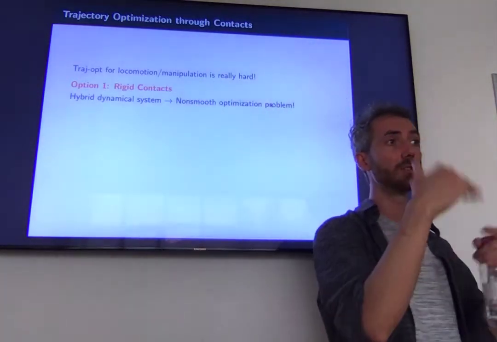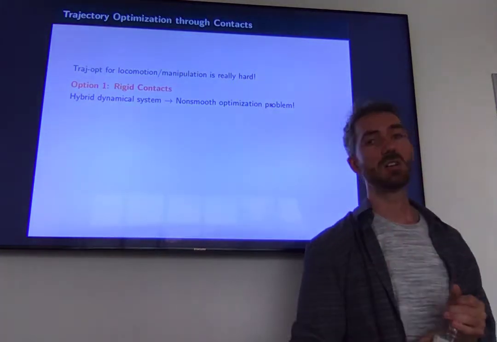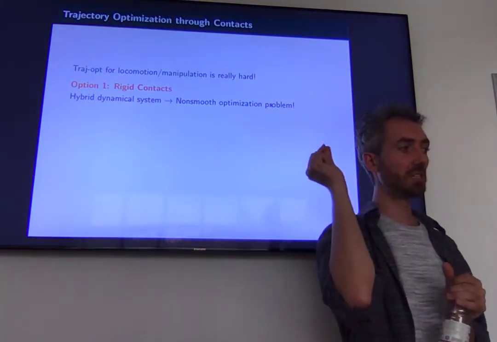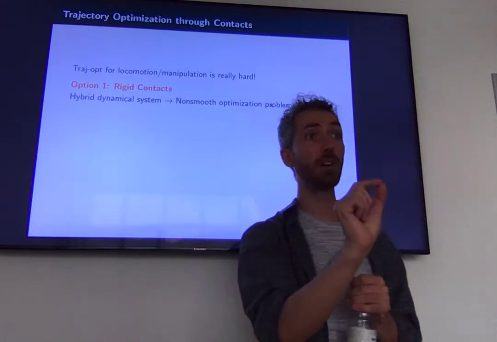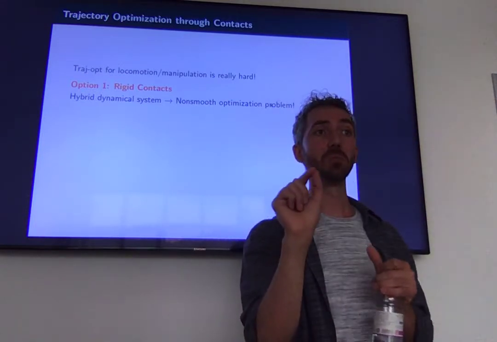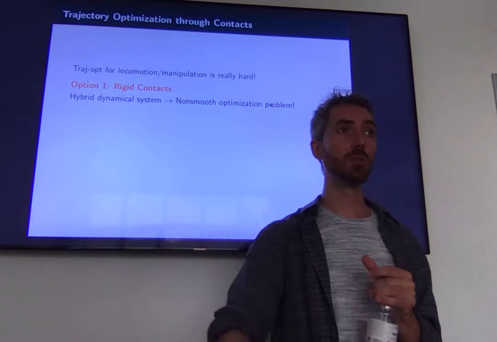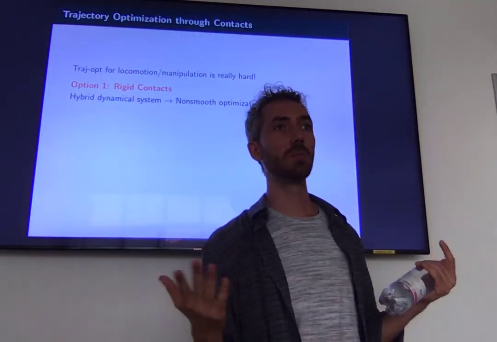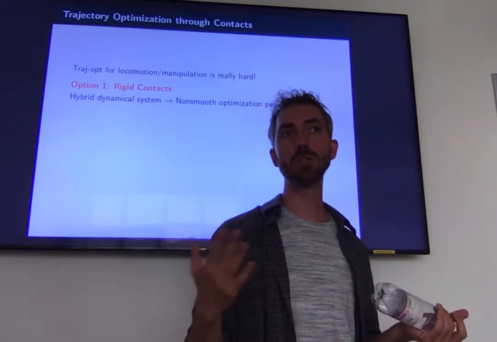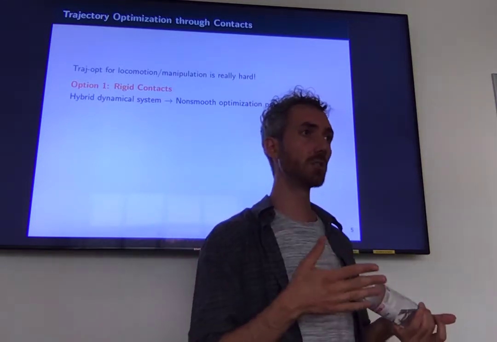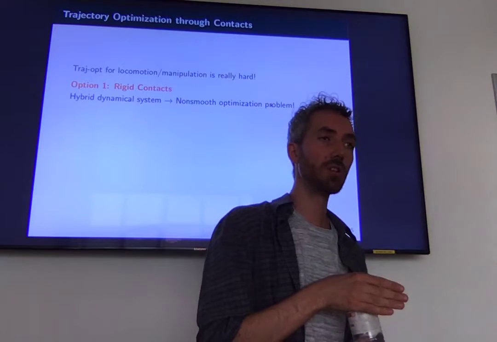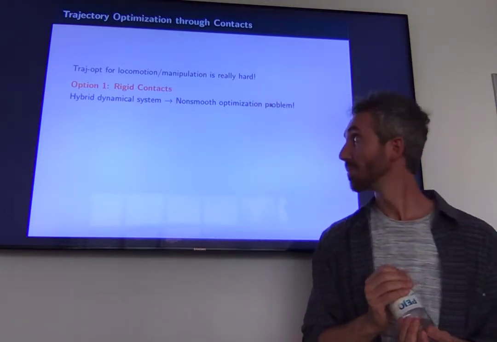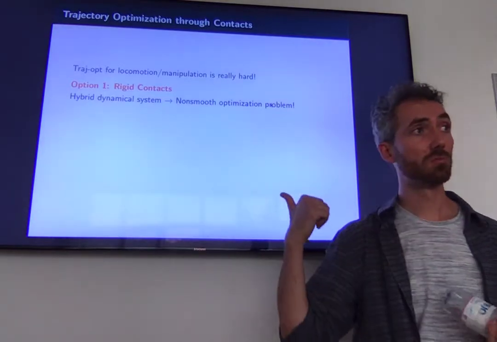You have a jump in the dynamic equation, and so at that point Jacobians and gradients are not defined, and what's even more important, the numerical behavior of the solver is going to be really bad. It's going to have problems converging, it's going to converge really slowly, or it's not going to converge at all. So that's typically not the way to go.